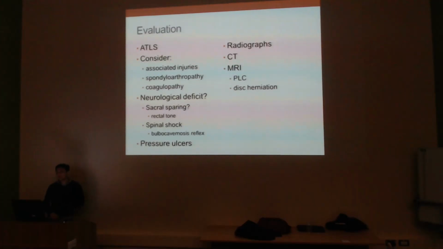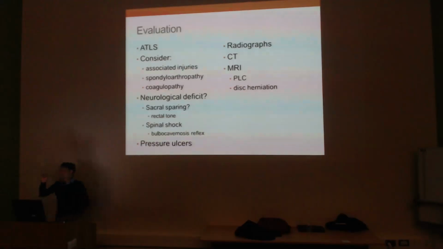And the things you then need to think about is there a neurological deficit? Is there sacral sparing? In other words, is there rectal tone? Are they in spinal shock? In other words, is the bulbocavernosus reflex present? So starting with you guys, what's the bulbocavernosus reflex? So it's a reflex you elicit by doing a PR exam, and either doing a catheter tug, or you can squeeze the penis in the male patient, and you get a reflexive squeeze on PR.